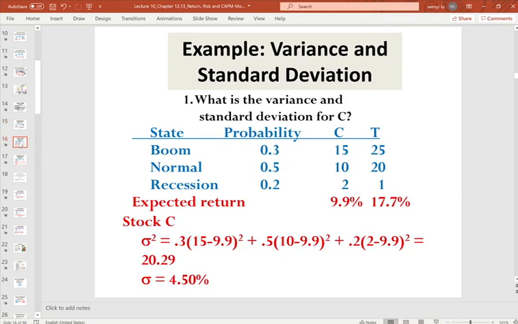The C expected return, or you can say the average return, is 9.9%.